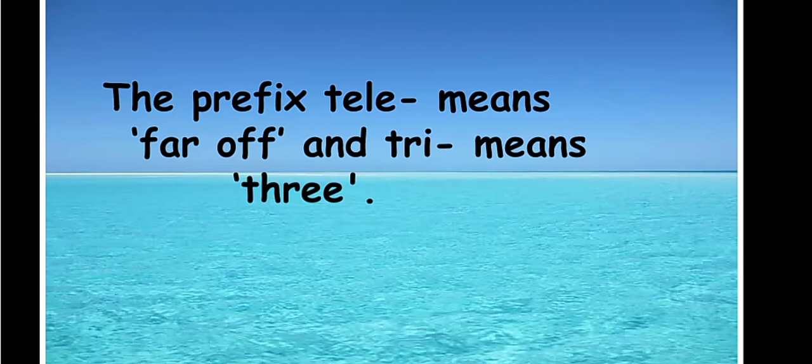That is, if you want to see or hear or whatever, the things which are far, we add this tele to another word and we make a new word. And tri, when there are three things attached to it, we add the prefix tri.